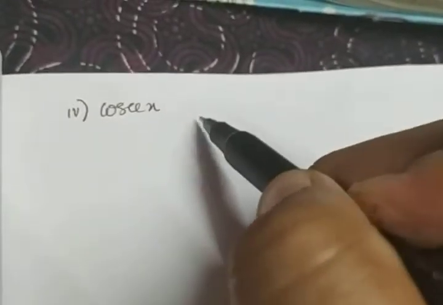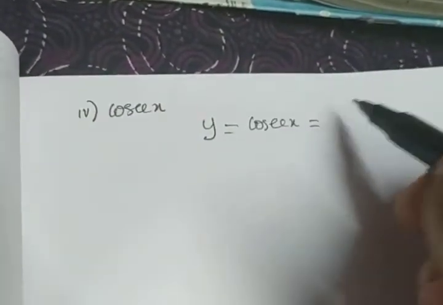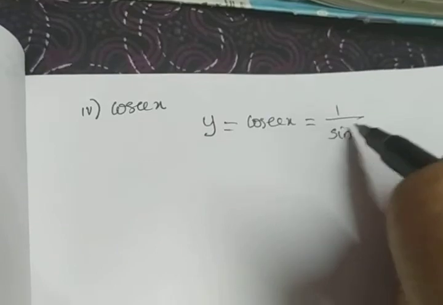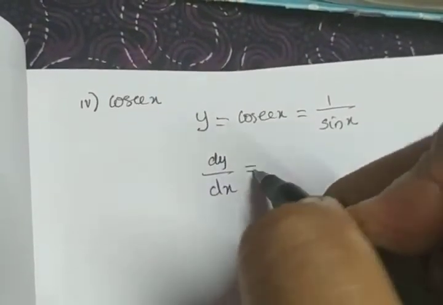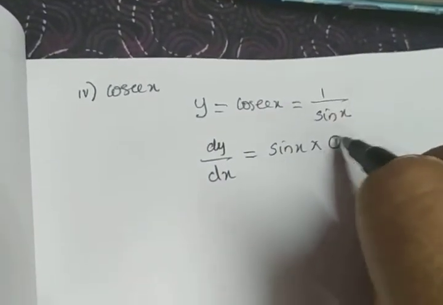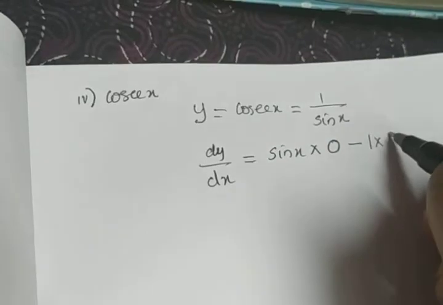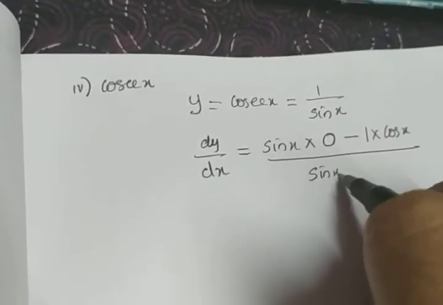Next one, cosec x. So here also y is equal to cosec x. Instead of cosec x, I can give the function as 1 by sin x. And to find the derivative, we will apply quotient rule. So denominator sin x into derivative of numerator 1 is 0 minus numerator into derivative of sin x is cos x divided by sin x the whole square.